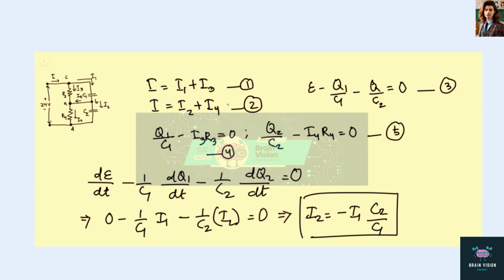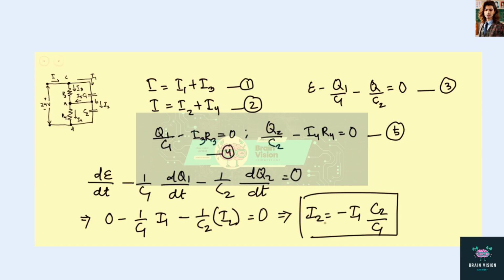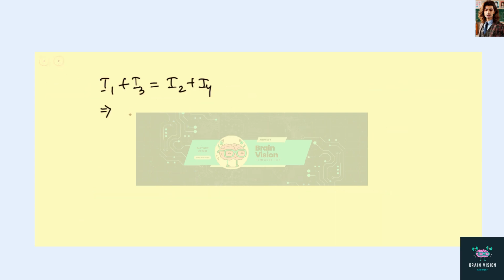Now we substitute. We substitute equation 1 in equation 2 in order to eliminate this I. So we will get I1 plus I3 equal to I2 plus I4. Since we have I2 expressed in terms of I1, we will substitute that over here.